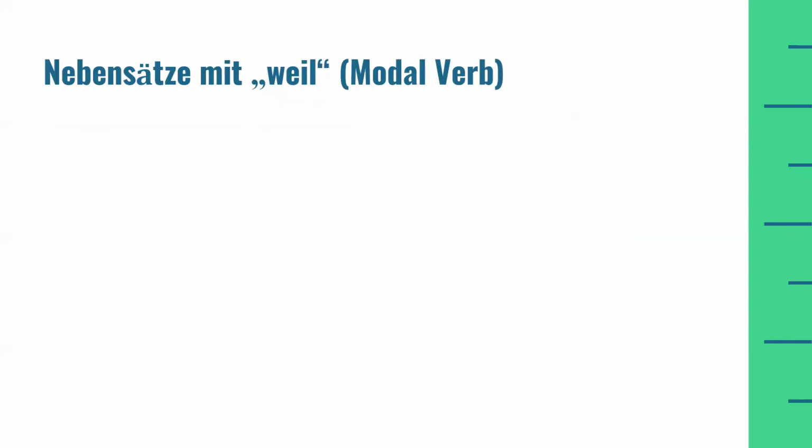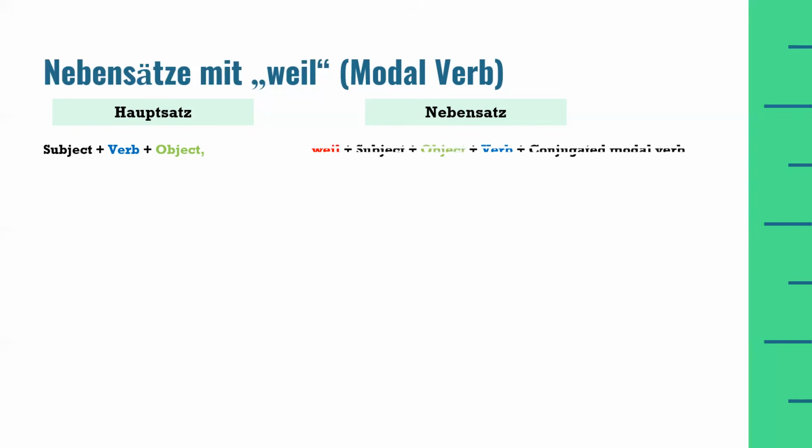Now let's have a look at another way of using Nebensatz, when we have a modal verb in the Nebensatz. So again, we have the Hauptsatz sentence structure, which will remain the same. Subject will be at the first position, second position will be for the verb, which we have to conjugate according to the subject, and third position will be for object or preposition or adjective, etc. In the Nebensatz, we have to start with weil, then comes the subject of the sentence.